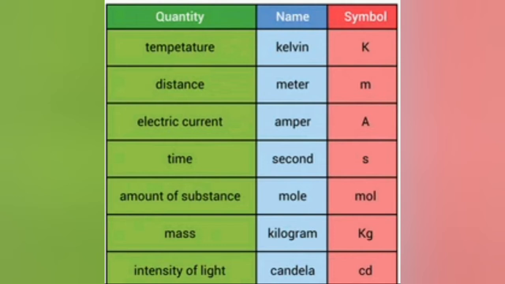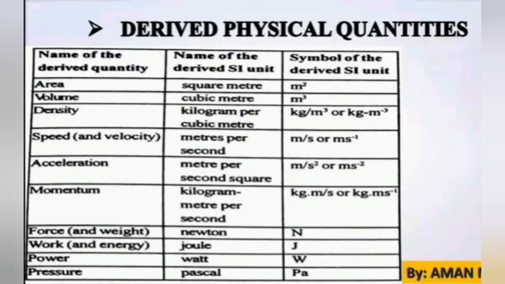There are other physical quantities that are derived from these physical quantities. That means we use fundamental units to derive them. So those are called derived physical quantities, or the units of these derived physical quantities can be called derived units. So their units are of two types, just like physical quantities.